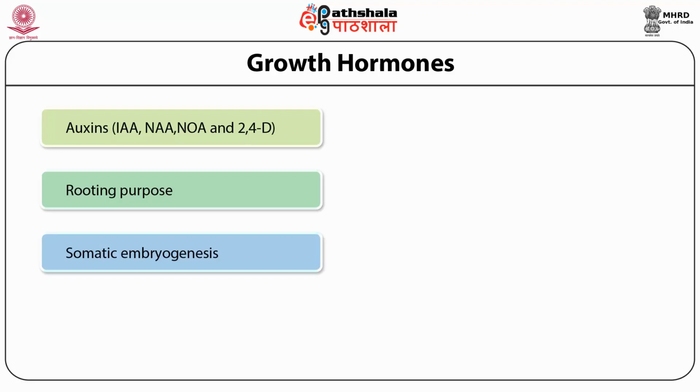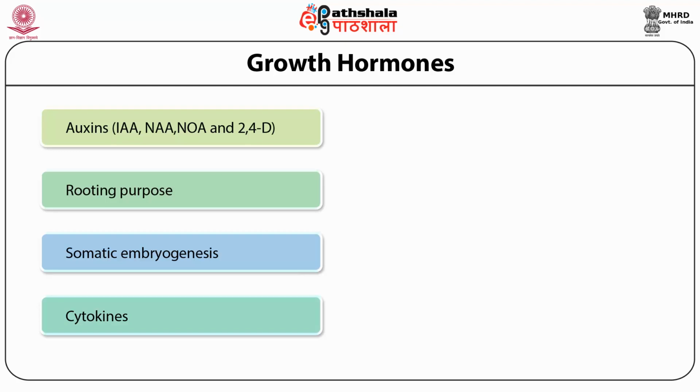Auxins cannot be dissolved in water, and we require either a weak alkali or a weak acid to dissolve them. So how we make the stock solution of auxin is you weigh the requisite amount, dissolve it in a weak alkali or acid, and then make the final volume. By this, you are not changing the media, and at the same time, you are dissolving it fully.